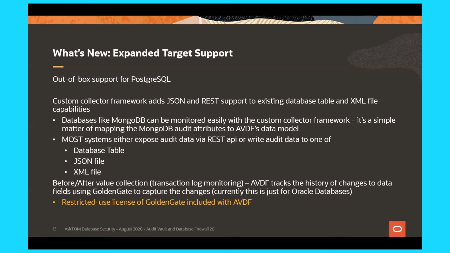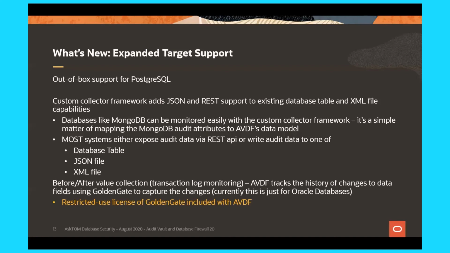You want to track the life cycle of data within those tables, so that from within your Audit Vault and Database Firewall, you can go in and run a report that says, for this table, someone changed this value to that value on day 1, and then they changed that value to this new value on day 2, and then that value to this value on day 3, so that you can see the life cycle of the data.